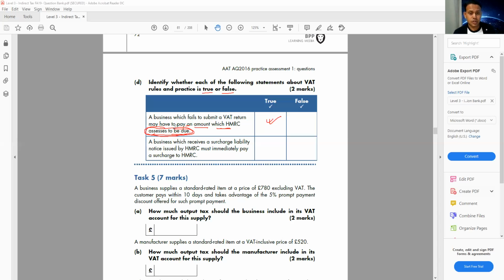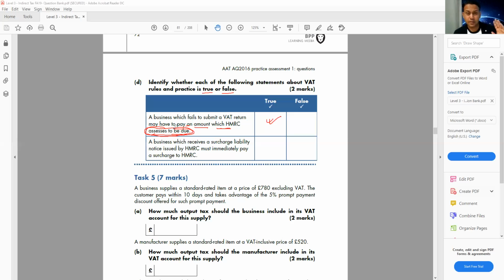Obviously, if you fail to submit, for example, let's say your quarter was due on 31st of March and the month is over and the liability is still there, HMRC checks with you and asks how much the sales were. Based on your information, HMRC gives you a figure to pay. VAT is the only thing you can pay even as an estimate. For example, if for any reason you say you cannot submit this quarter's VAT on time, or you'll be late, HMRC normally accepts this.